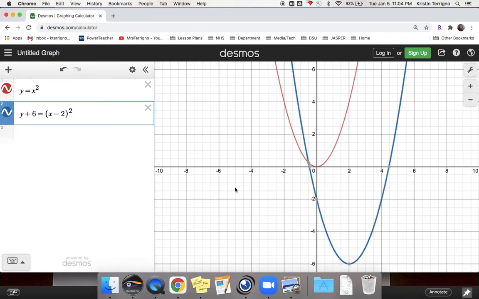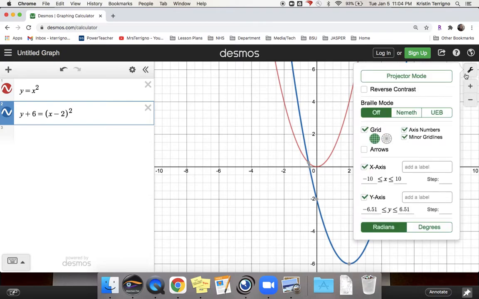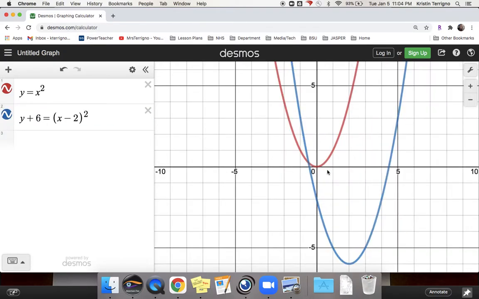Okay, and you'll see that that function shifted 2 to the right and 6 units down, okay, which is what the question asked for, right? It said a translation t to -6. So that's telling me to move 2 to the right, which I see happening here, and 6 down. And if you click on this vertex down here, you'll notice that the vertex is right where we said it would be. It's at 2, -6, okay?